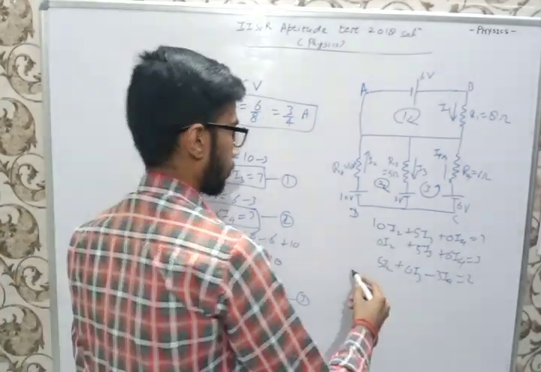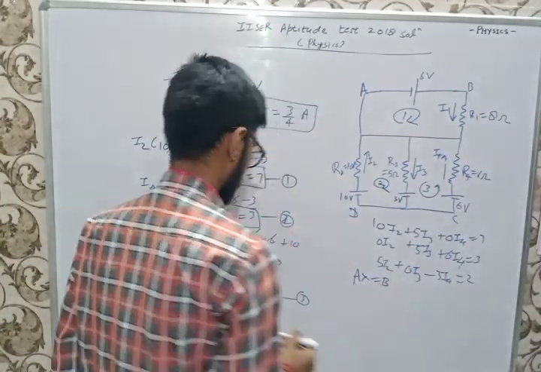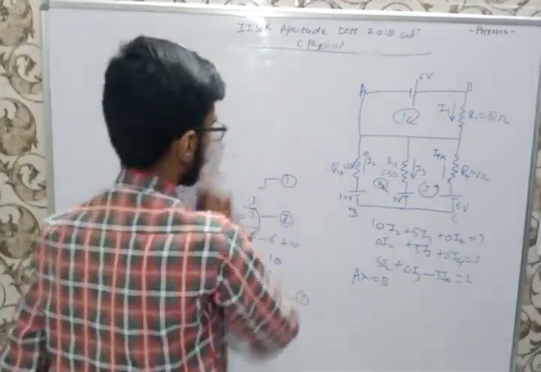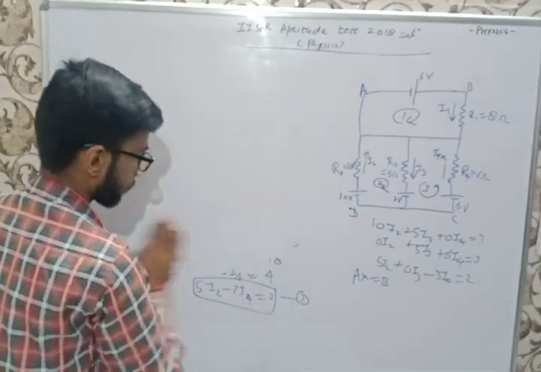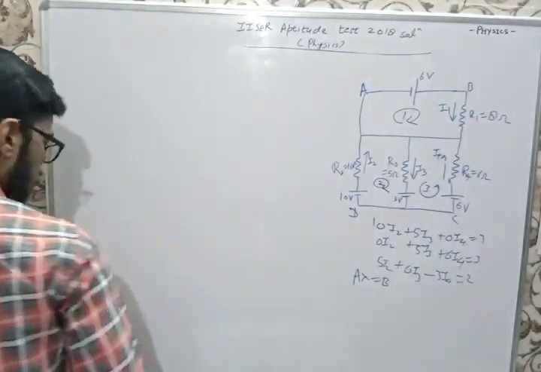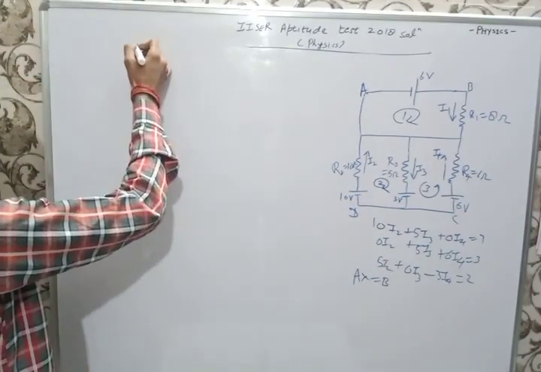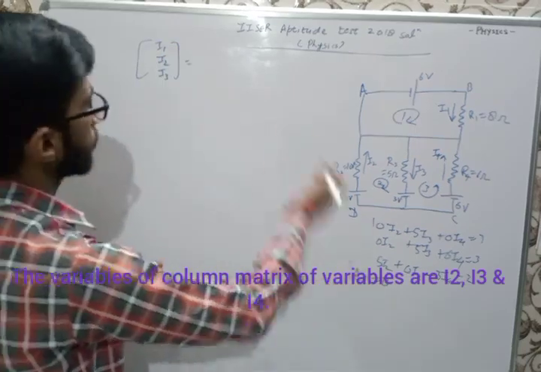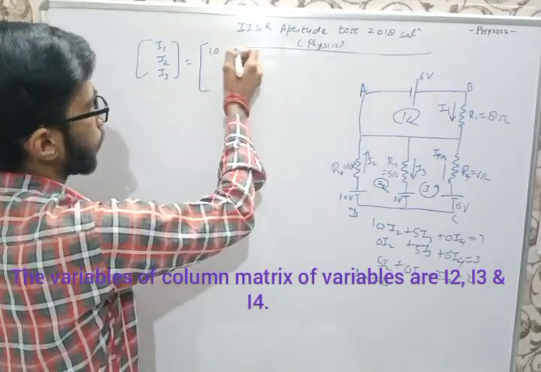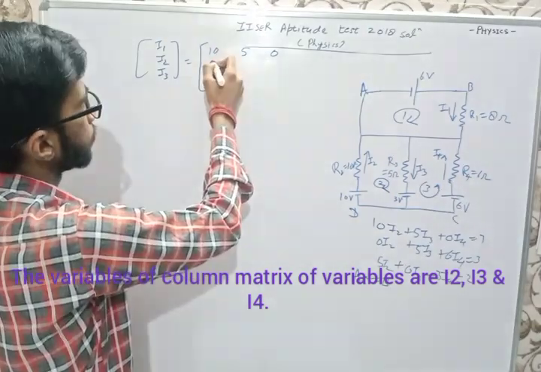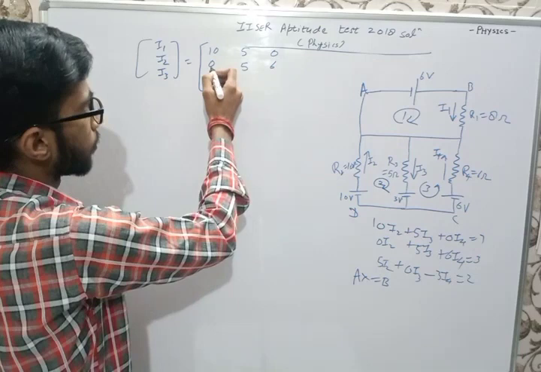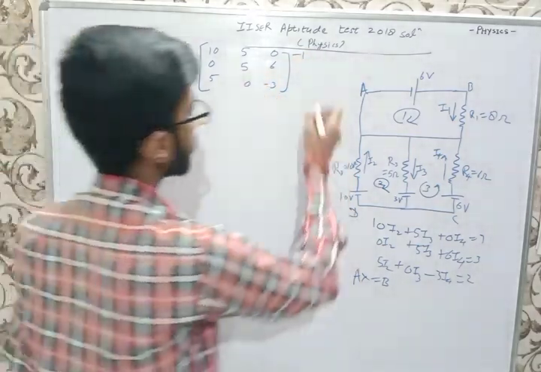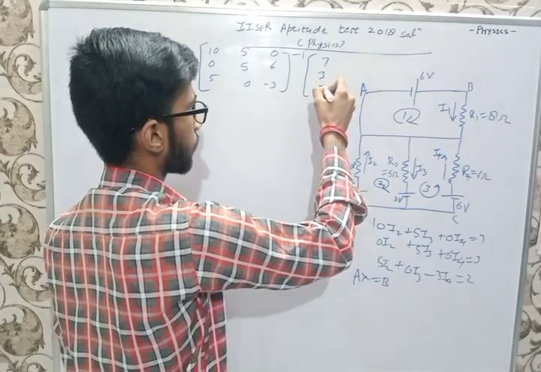So use the formula AX equal to B. From here, X means A inverse times B, where A is the matrix 10 5 0, 0 5 6, 5 0 minus 3, and B is simply 7 3 2.